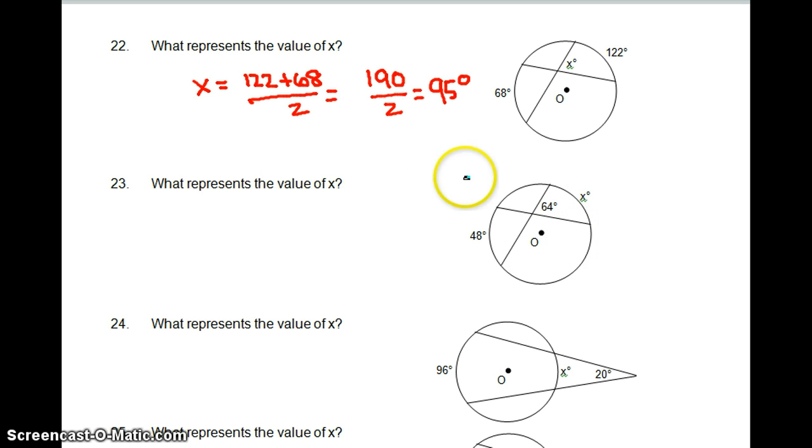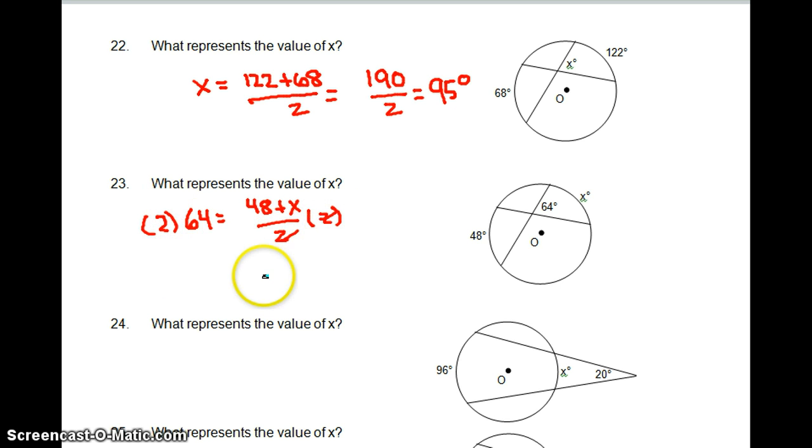Okay, now on 23, they also cross in the middle, but this time we have the angle, we're looking for the other arc. So this time we'll put the 64 where the x was last time, so 64 equals 48 plus x divided by 2. Now the easiest first step is to get rid of this 2, so I'm going to multiply both sides by 2.